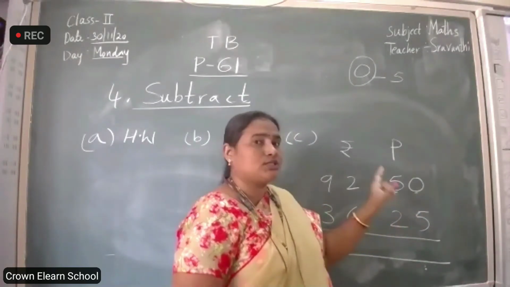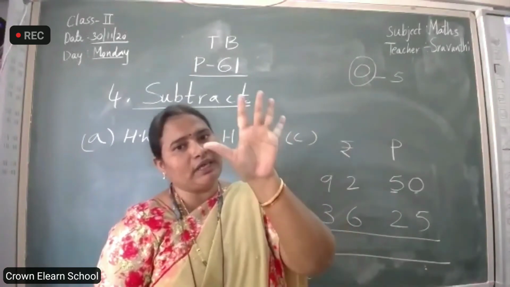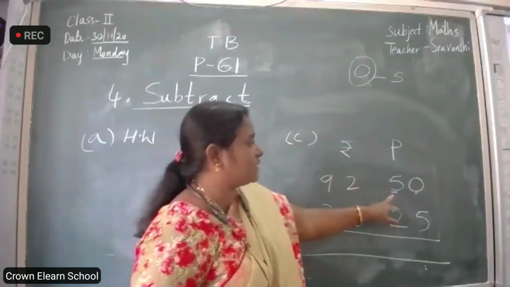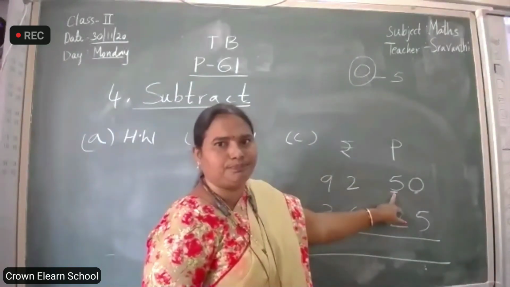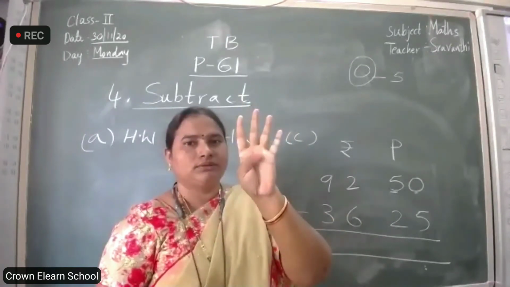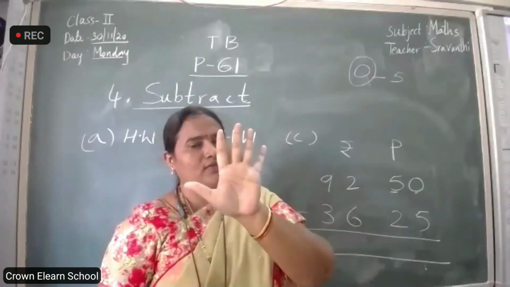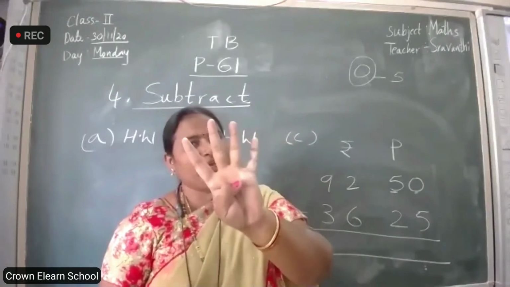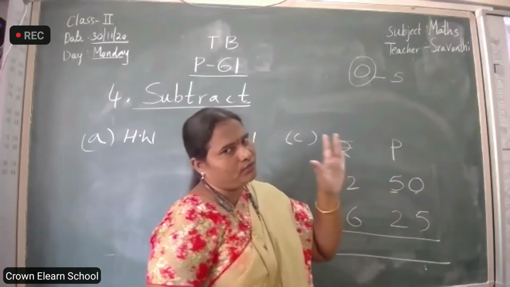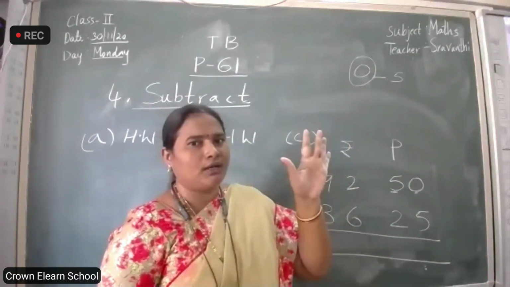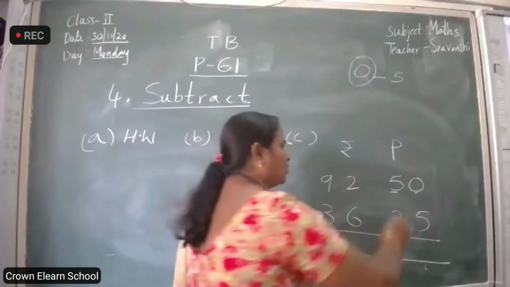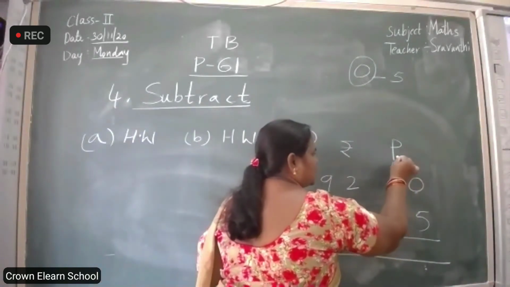This 5 says, okay, I have 5. I will give you 1. After giving 1, how many are there? 4. Only 4 are there. Borrowing subtraction.